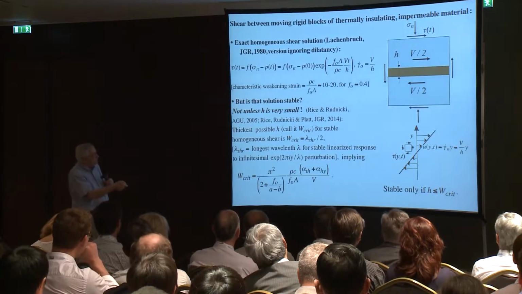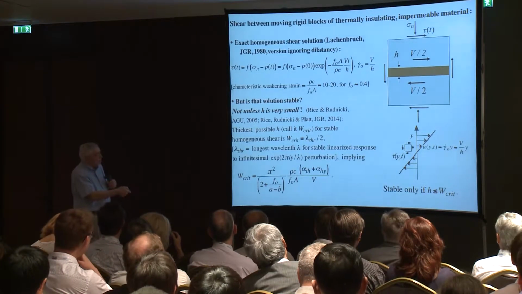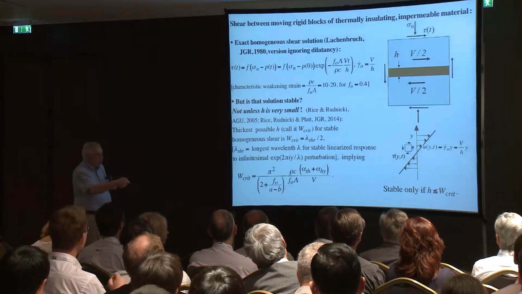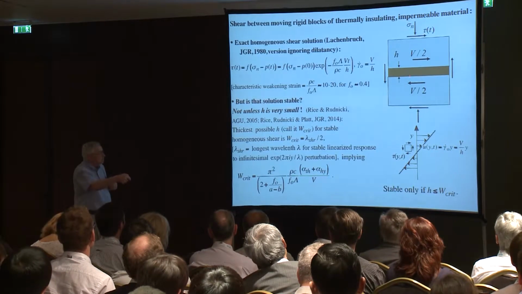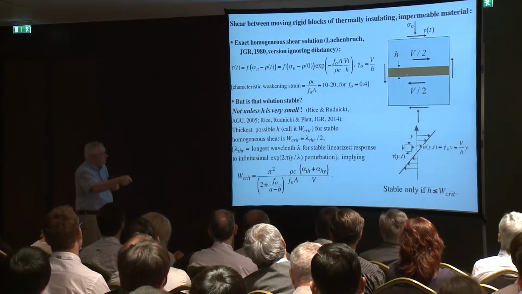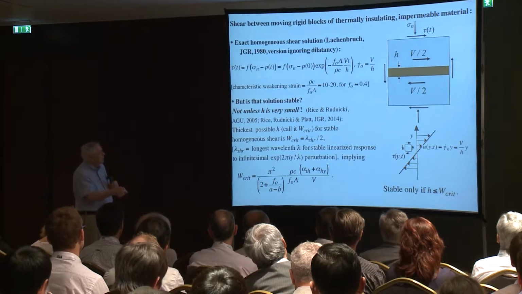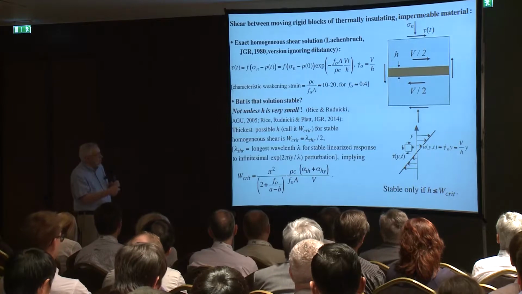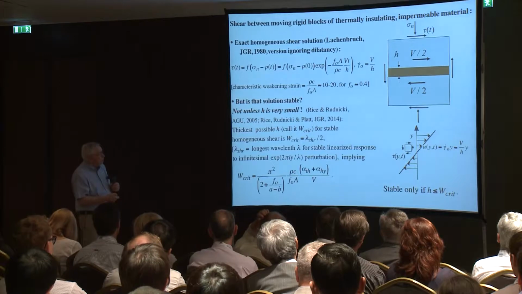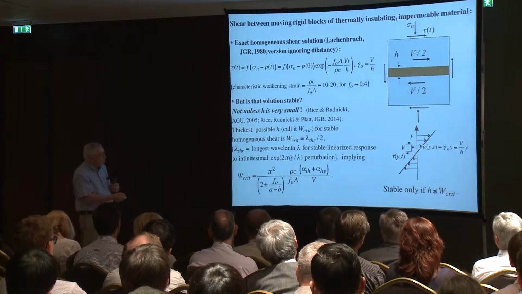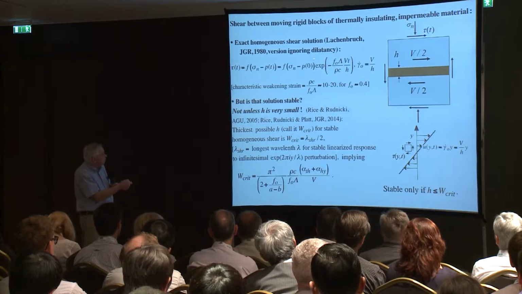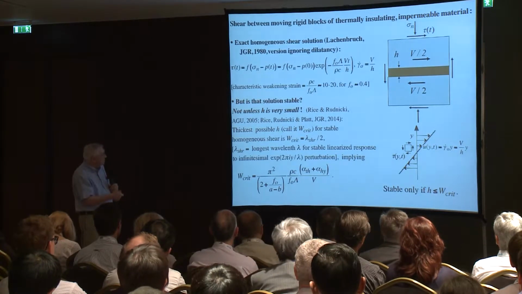So he worked out the solution to that set of equations I showed you for a problem where these two blocks of rock above and below the fault zone are slid at a relative velocity v. The fault zone shears homogeneously, and he worked out what was the temperature rise and what was the fluid pressure rise. And of course, as the fluid pressure went up, the shear strength went down, and that was the thermal weakening process.